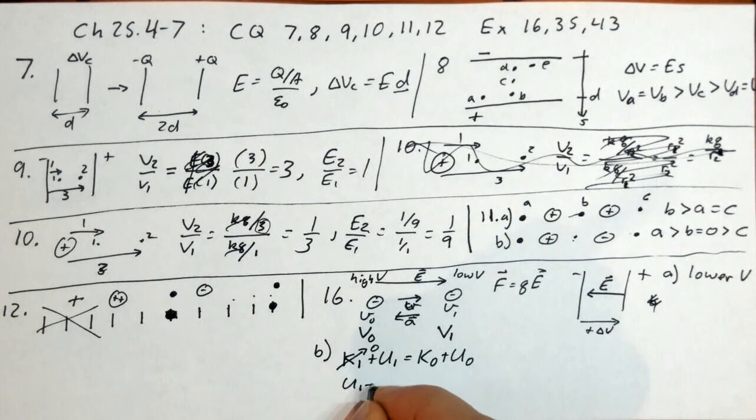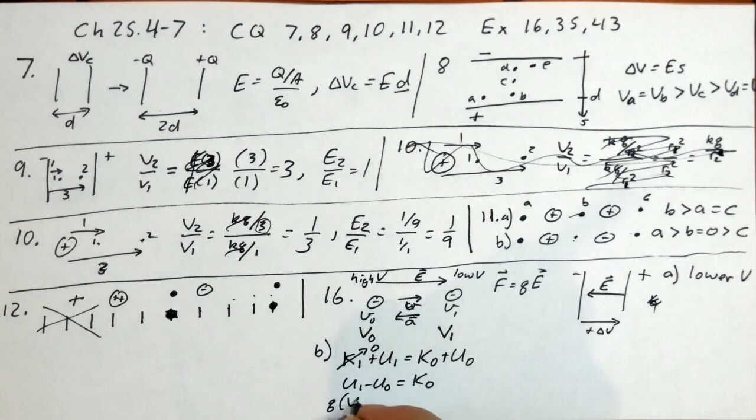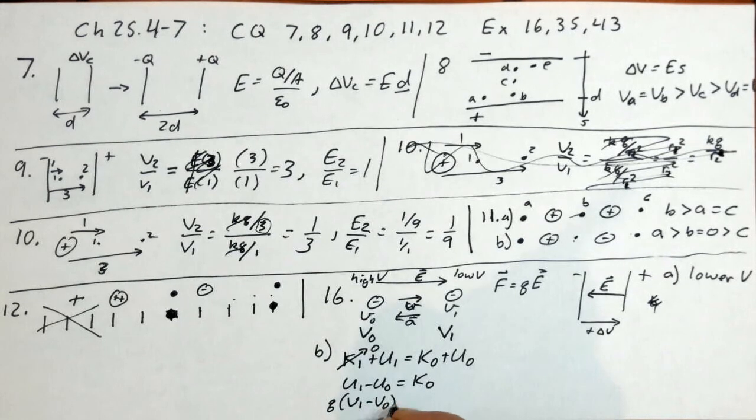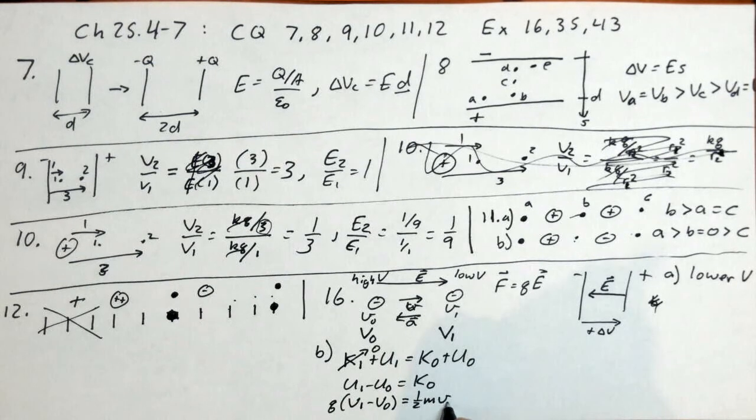I get U1 minus U0 equals K0. Now let's rewrite those with what we know of their relationships. This is just the charge, Q, times V1 minus V0, and that equals 1/2 m V0 squared.